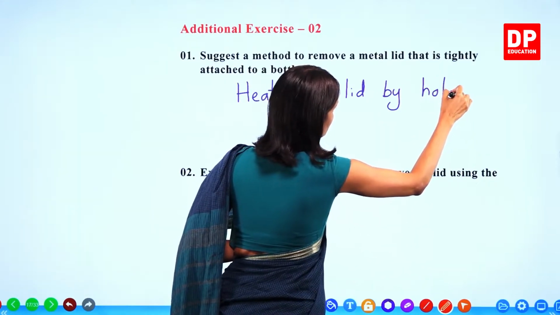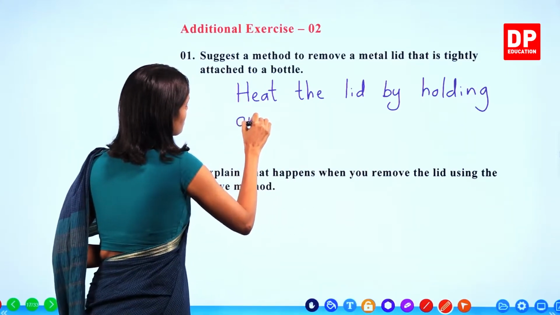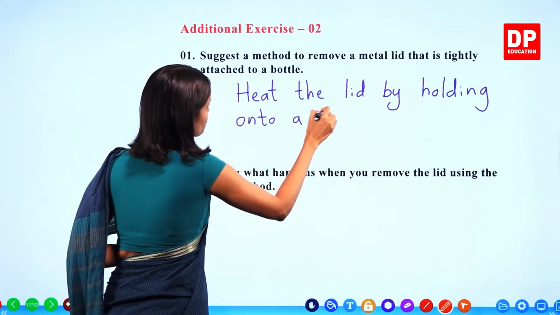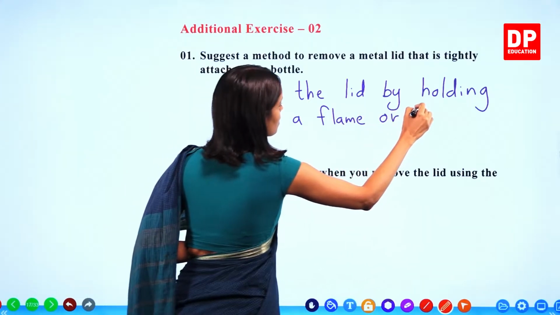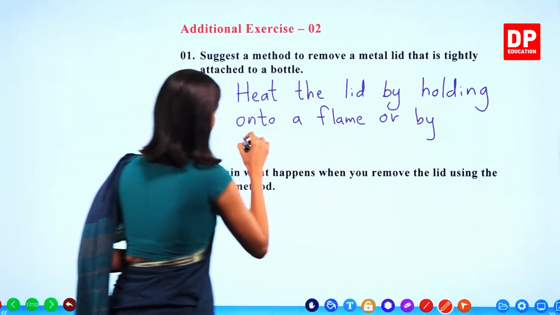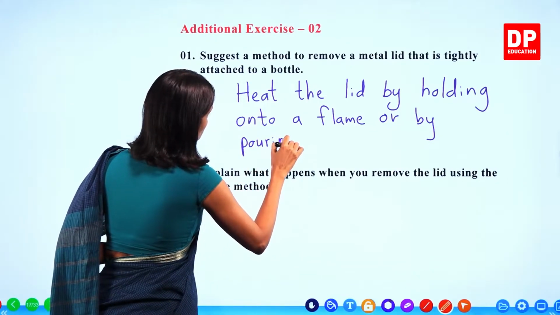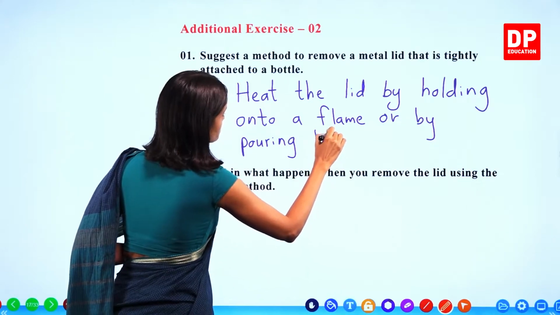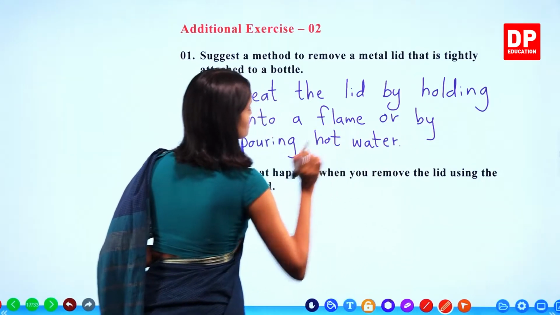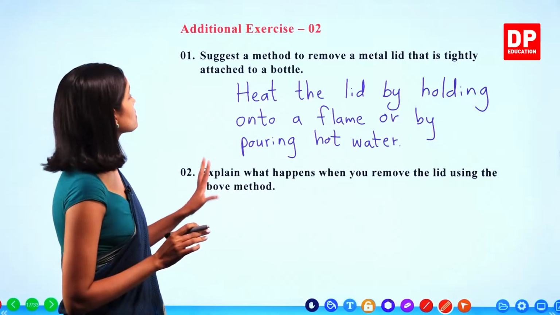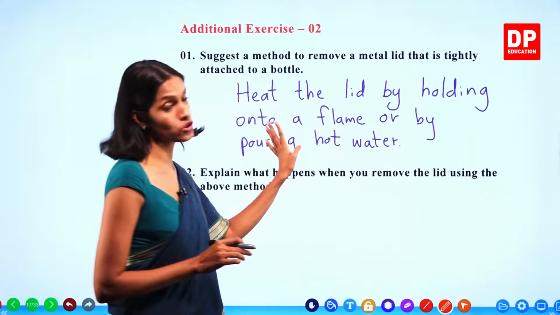By holding onto a flame or by pouring hot water. Okay. Heat the lid by holding onto a flame or by pouring hot water onto it.